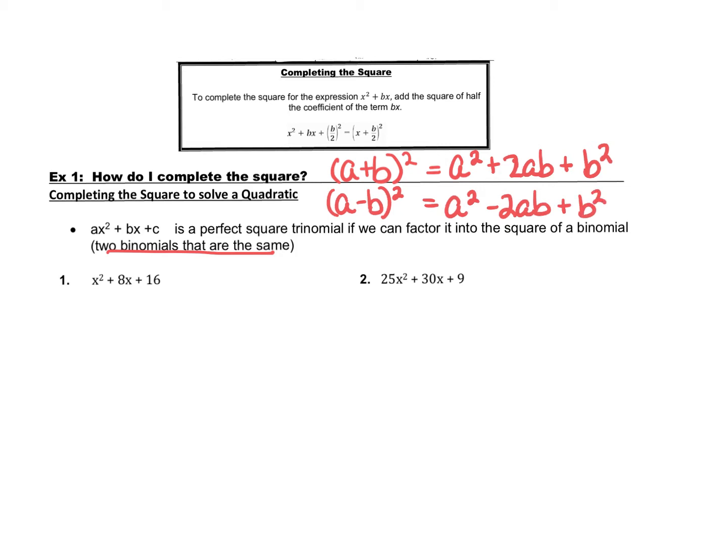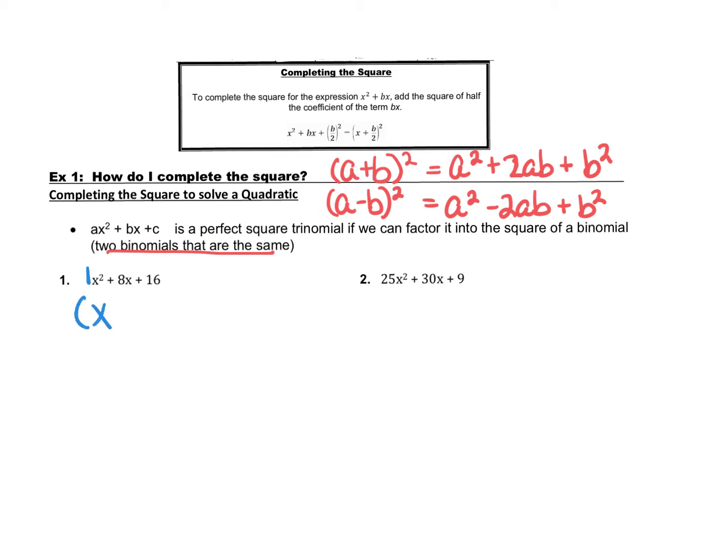So I have x squared plus 8x plus 16. I want you to recognize when something is a perfect square trinomial, because notice I have a 1 here, and the square root of 1 times 1 is 1, and I can take the square root of 16 because 4 times 4 is 16. This would be considered a perfect square binomial.